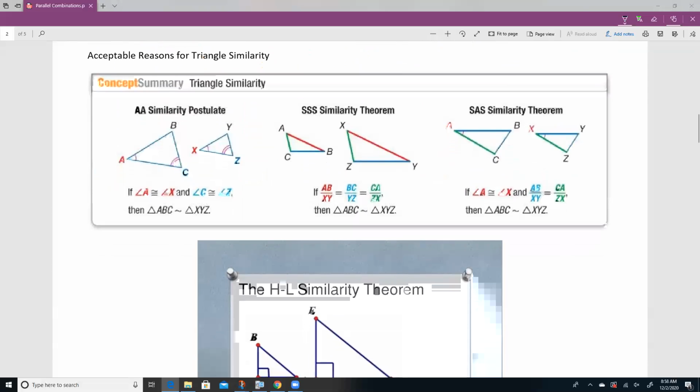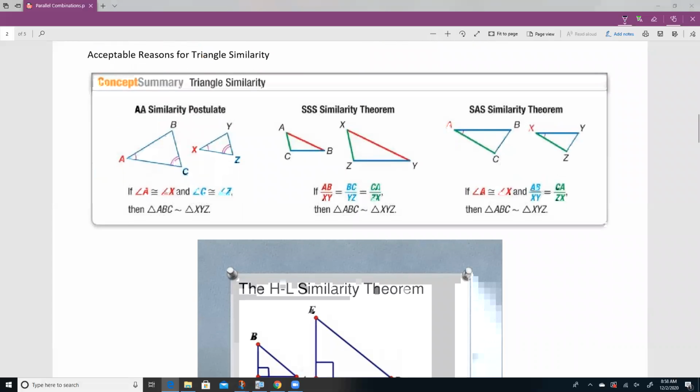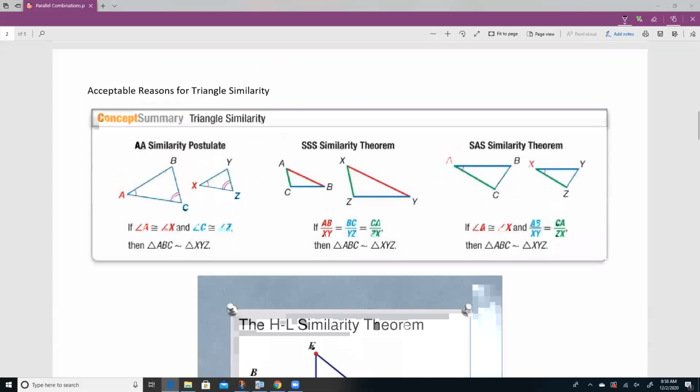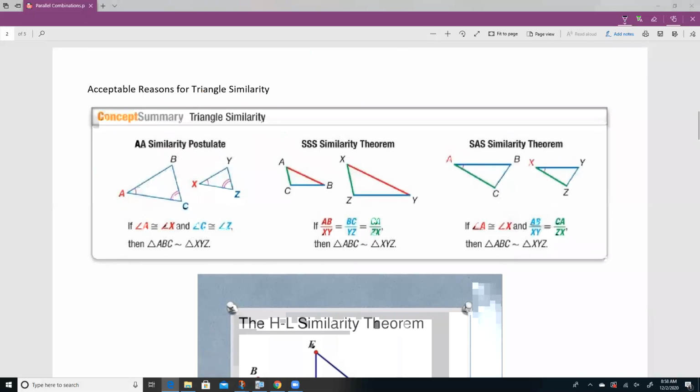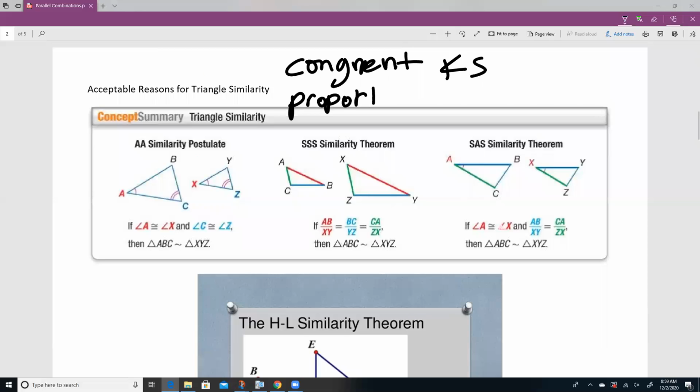Okay, let's talk about triangle similarity. There are acceptable reasons for triangles to be proven similar. Remember, the takeaways from when things are proven similar is we have congruent angles, and we have proportionally related sides.